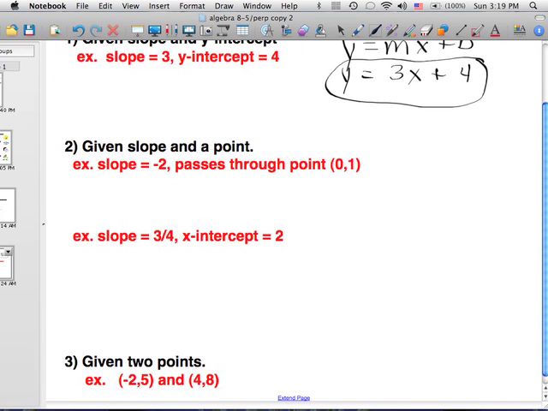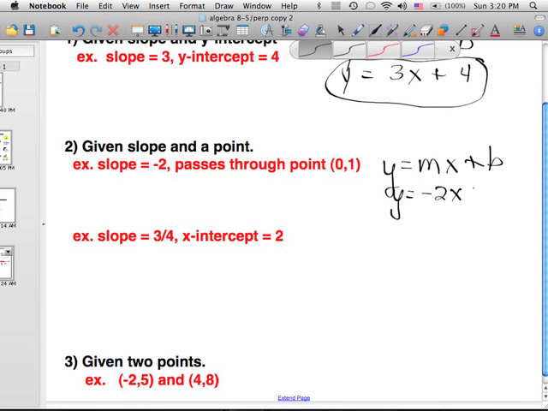If I'm given the slope and a point, using slope-intercept form, y equals mx plus b, I put in the slope for m, negative 2x plus b, and then I use this point to substitute in the values for x and y to figure out what the intercept is.